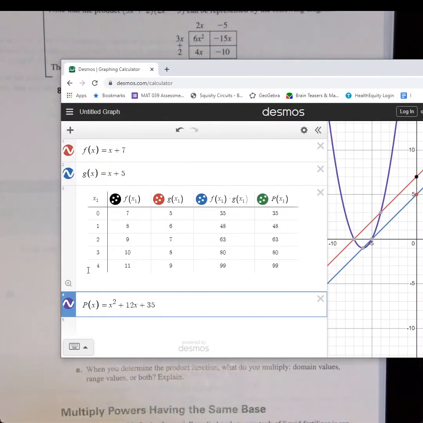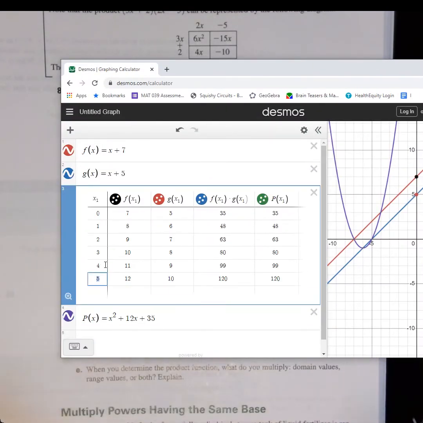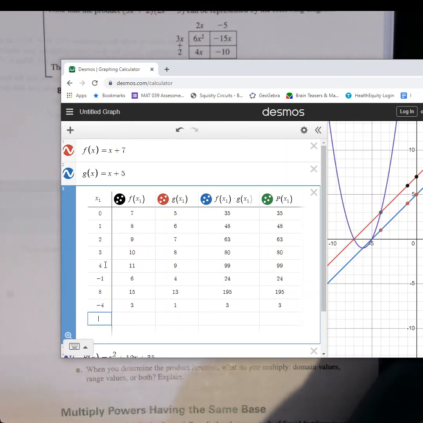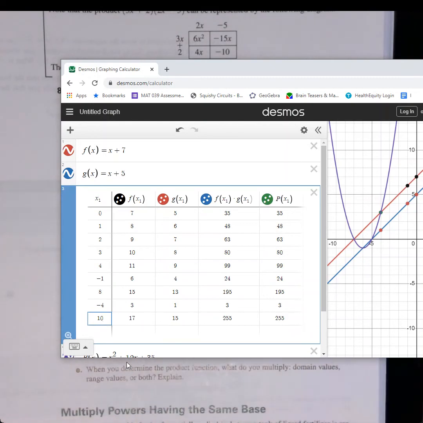I picked -1, I picked 8, I picked -4, and I picked 10. So again, for the 8, 15 times 13 is 195, and you plug that into your product function, you get 195.